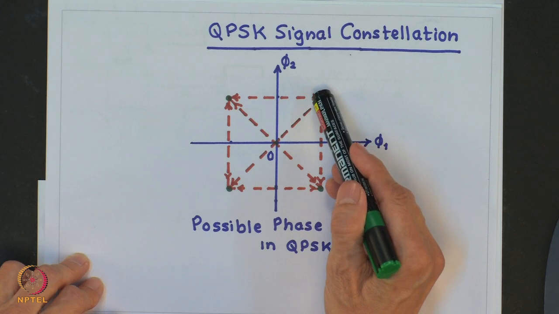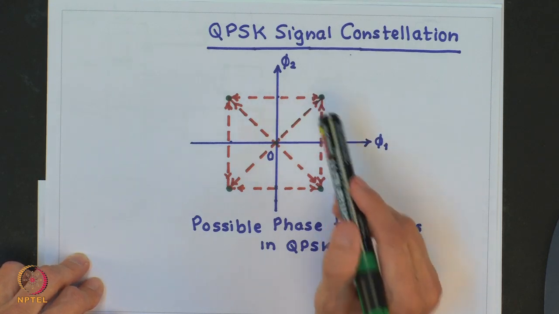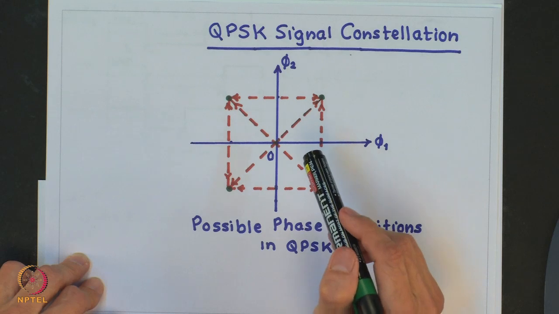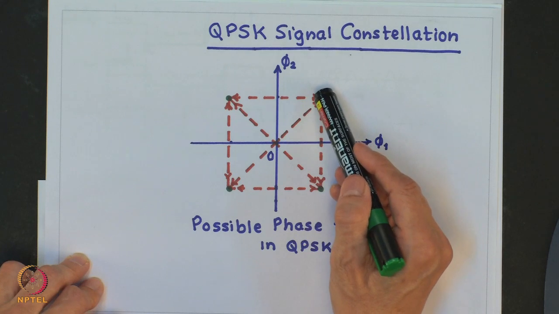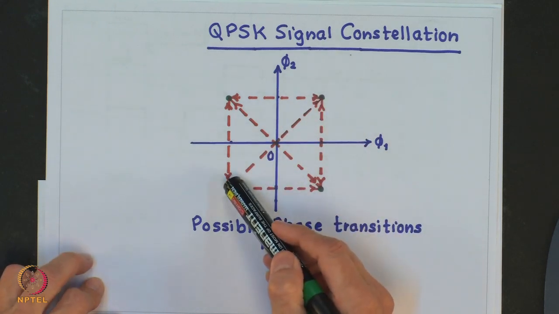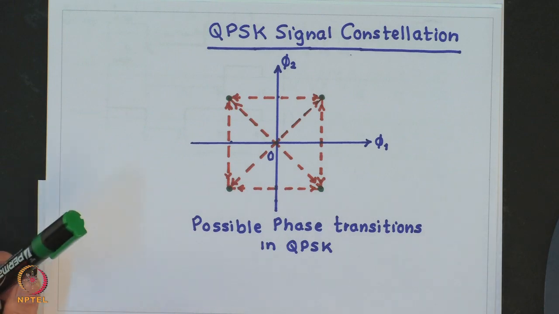But when the 2 bits each in the I phase component and Q phase component change simultaneously, this will happen when this point goes here, then the carrier experiences a phase shift of 180 degrees. 180 degree phase change, however, causes the envelope of the QPSK signal to invert, and this abrupt change in the envelope introduces spurious high frequency components in the QPSK spectrum.